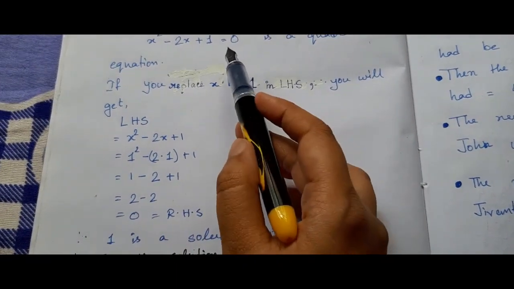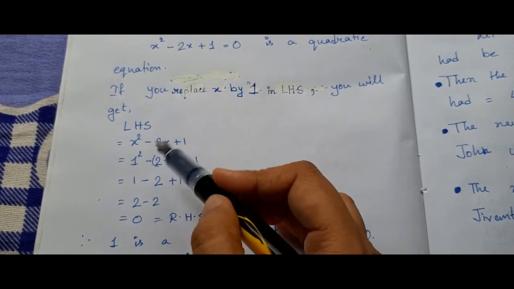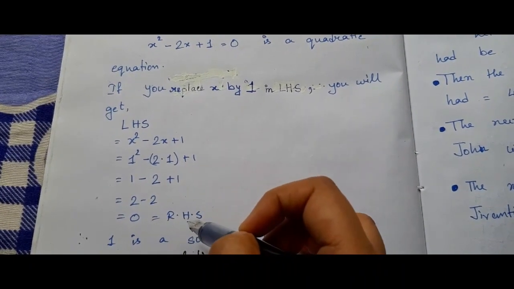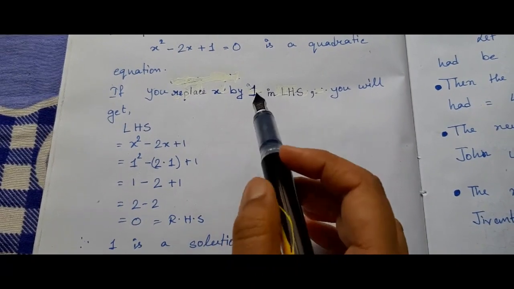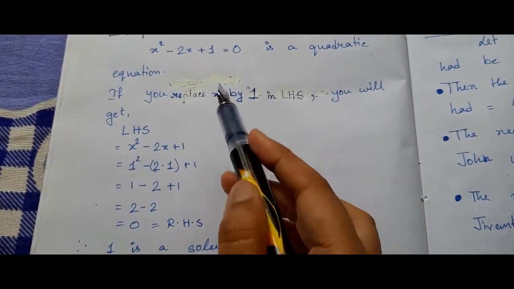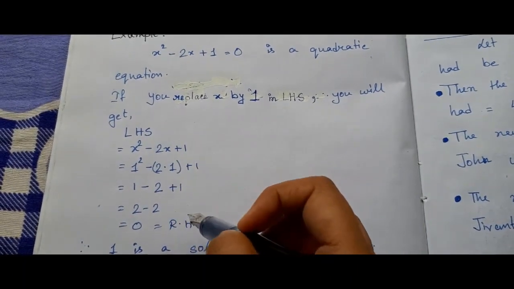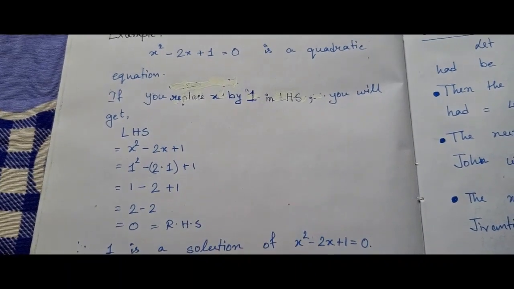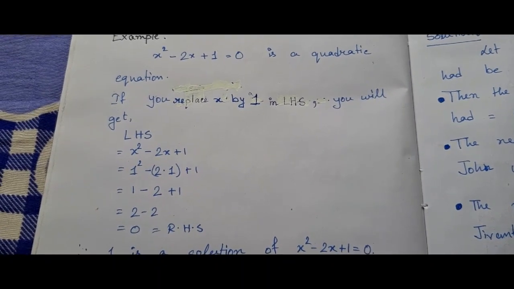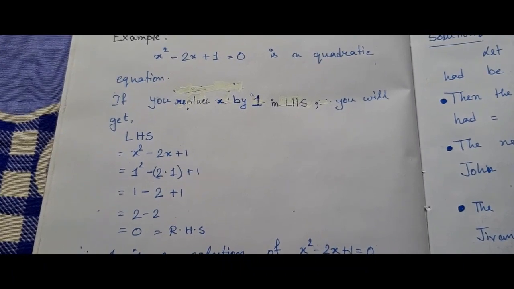So as you can see, the RHS value is also 0. That means after replacing x with 1, the LHS value equals the RHS value. That's why 1 is the solution of x² − 2x + 1 = 0, or you can say that 1 is a root of this quadratic equation.